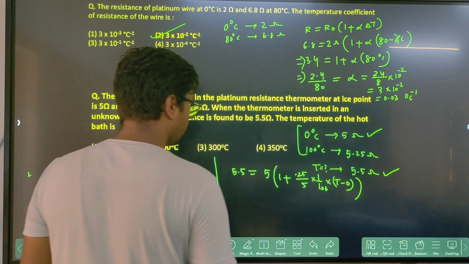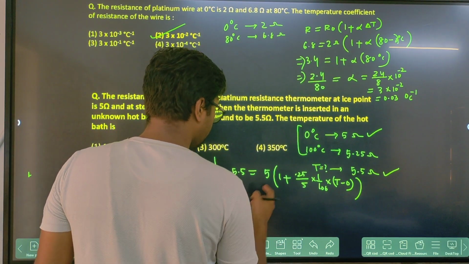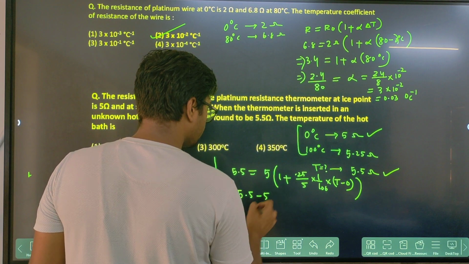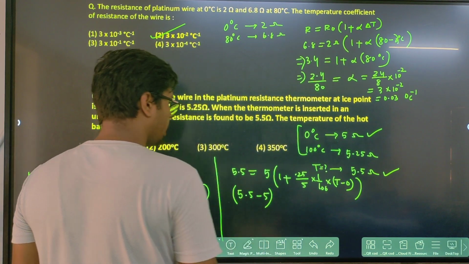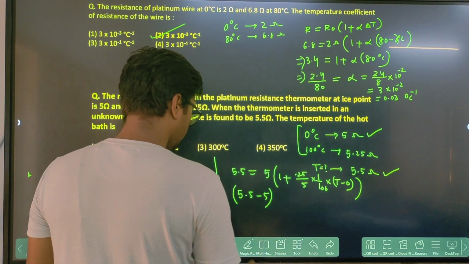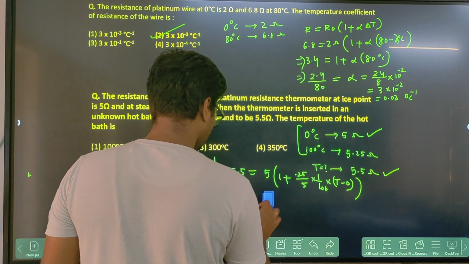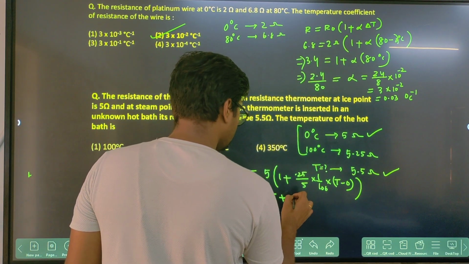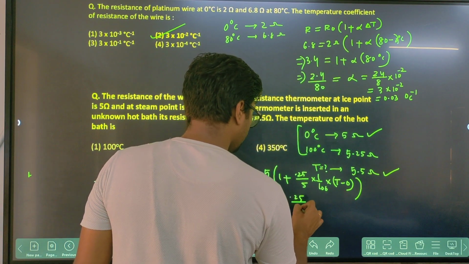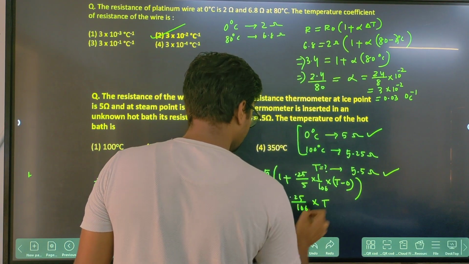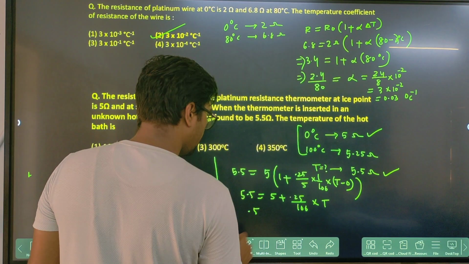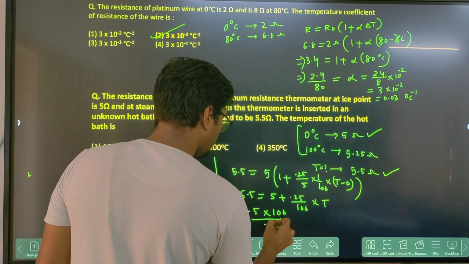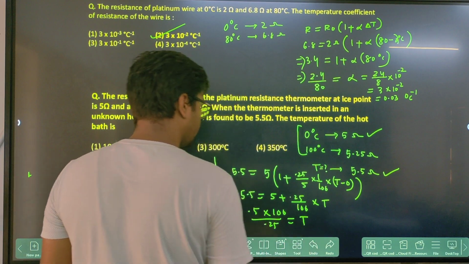That thing you have to find out. So this will be 5.5 minus 5, or you can multiply here: 5.5 equals 5 plus 0.25 divided by 100 into T. So this will be 0.5 into 100 divided by 0.25 equals your T.